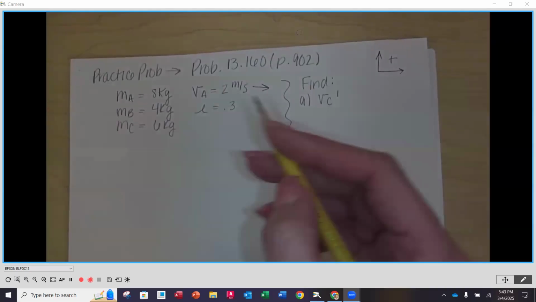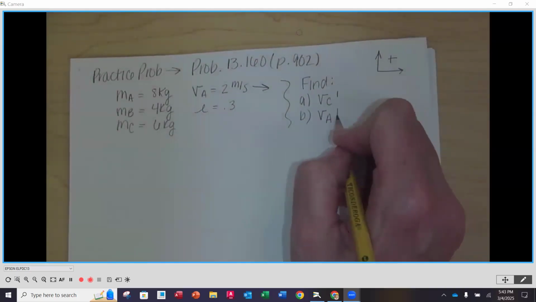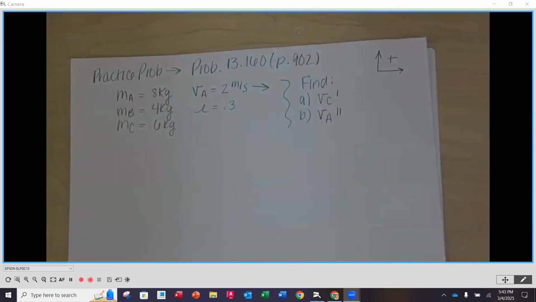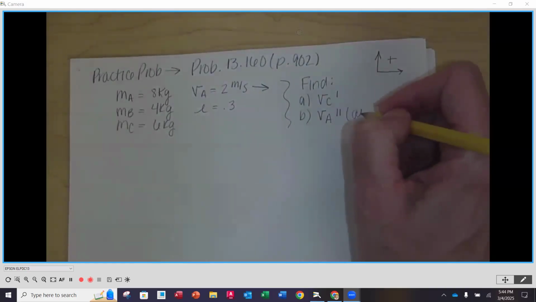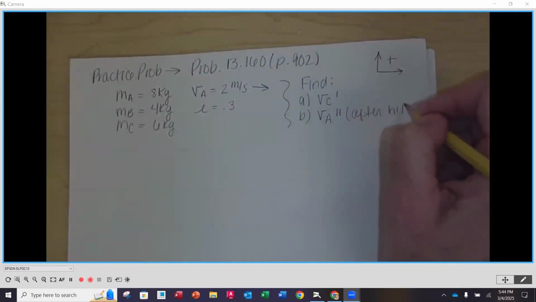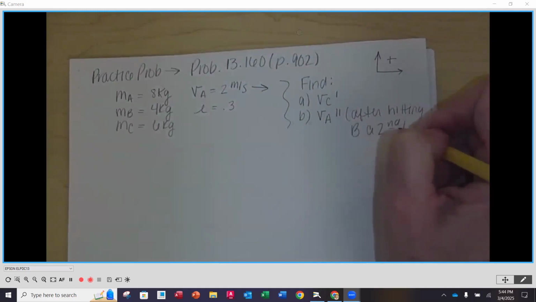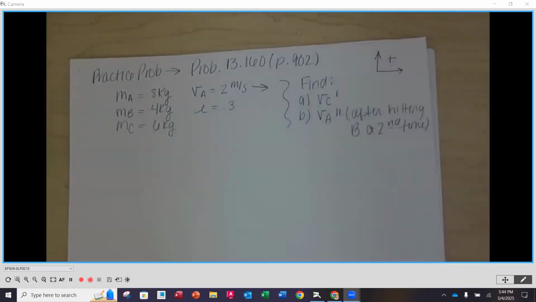And then part B is what is velocity A prime, and this is going to be after the second time it hits B. It's going to hit once initially to get B going to hit C, and then it's going to hit B again, so this is after hitting B a second time.